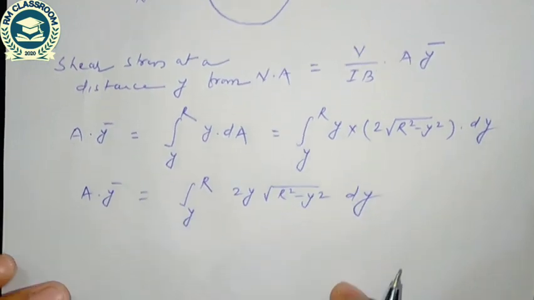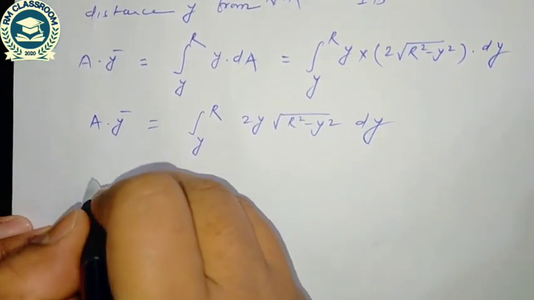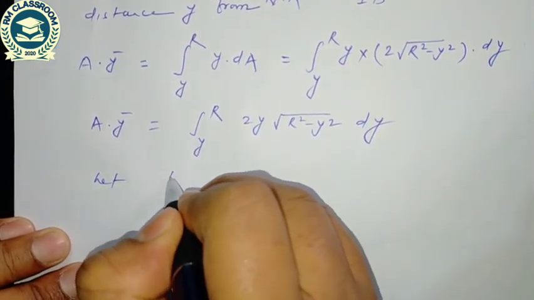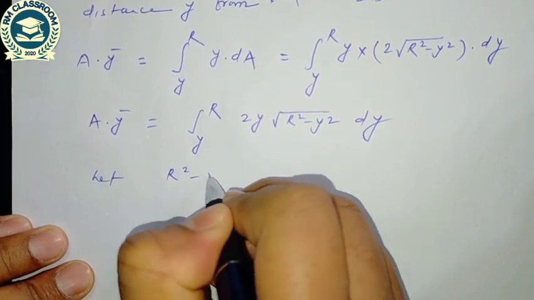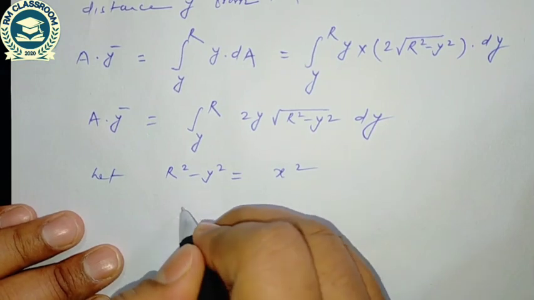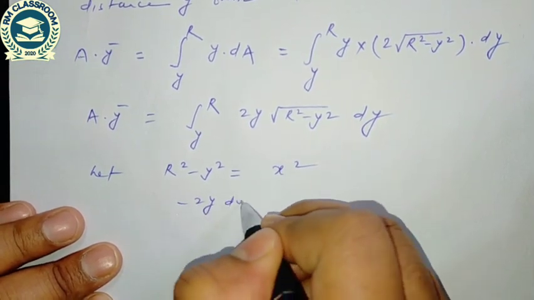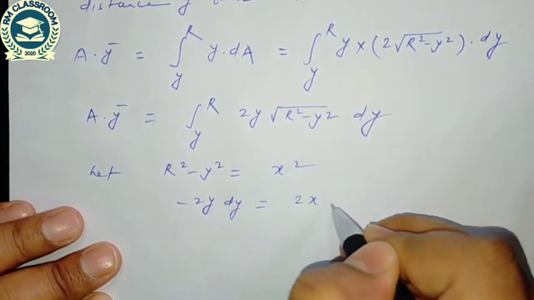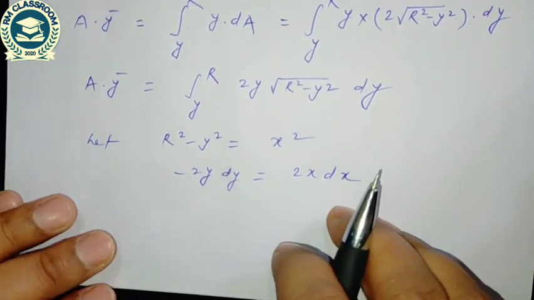So just integrate this. Let us assume r square minus y square is equal to x square. So minus 2y into dy is equal to 2x into dx.